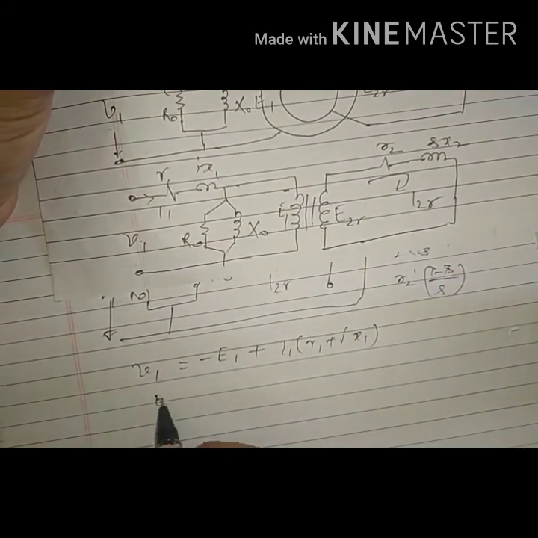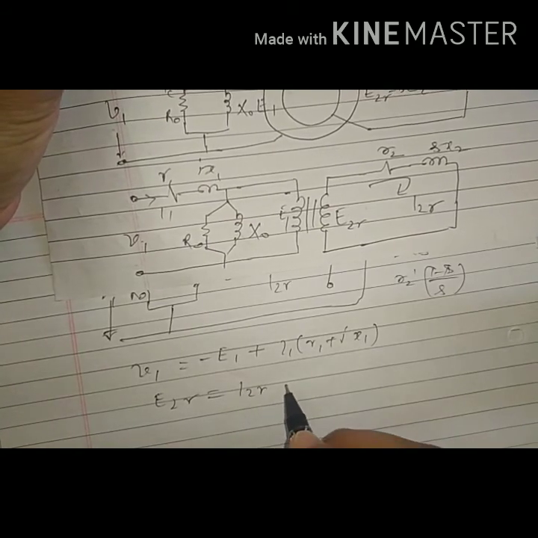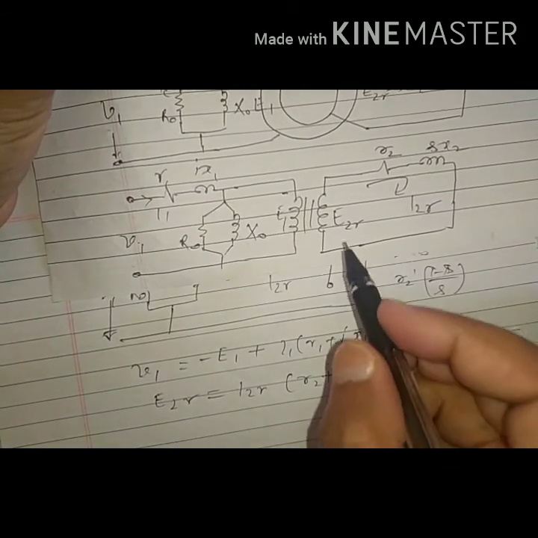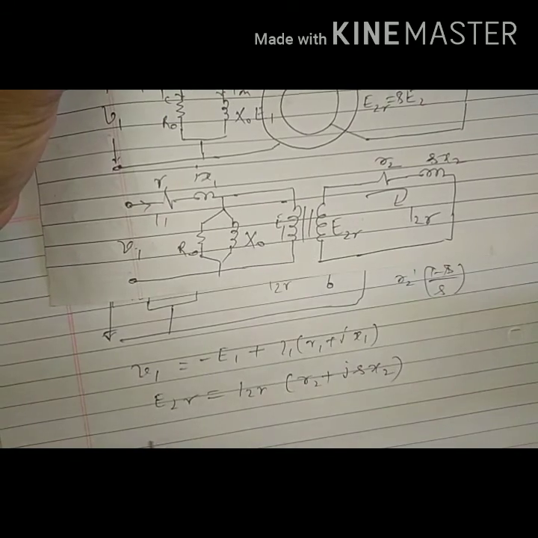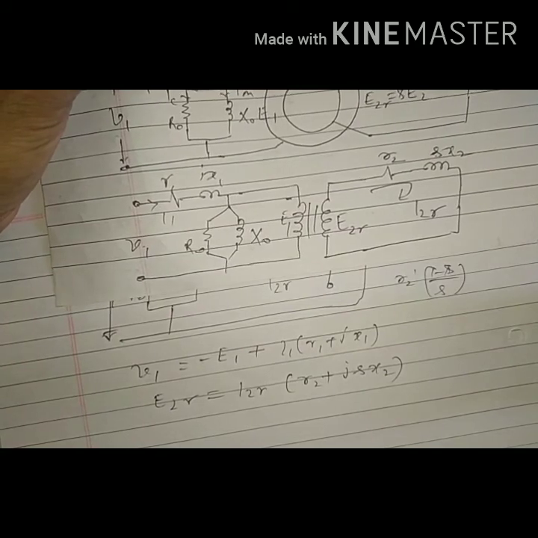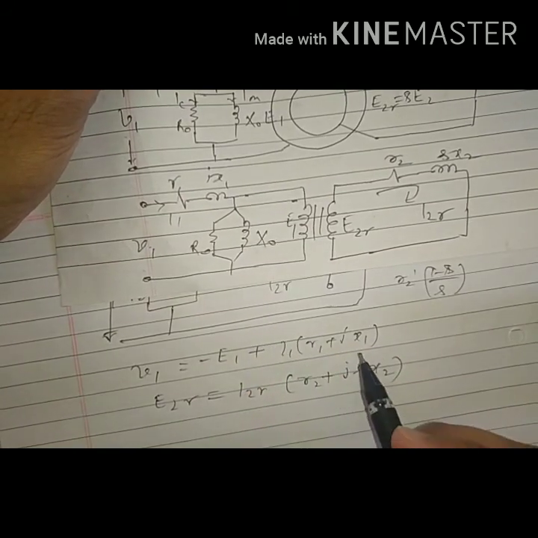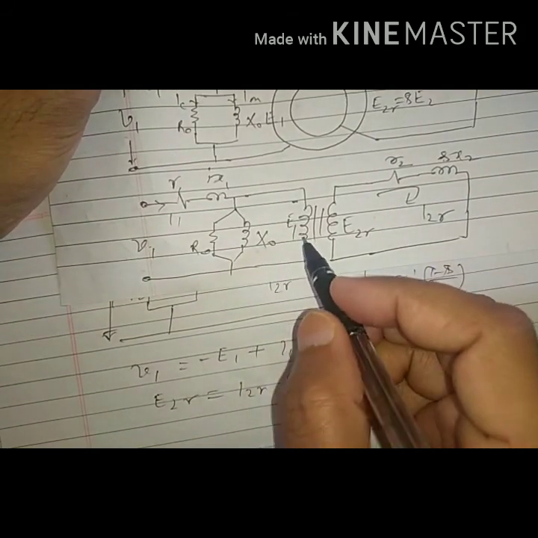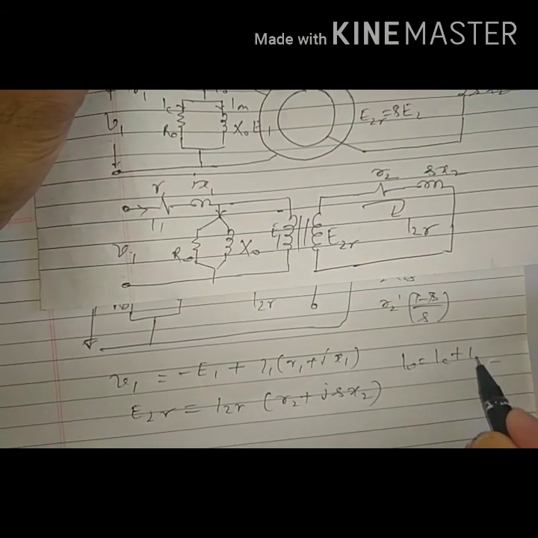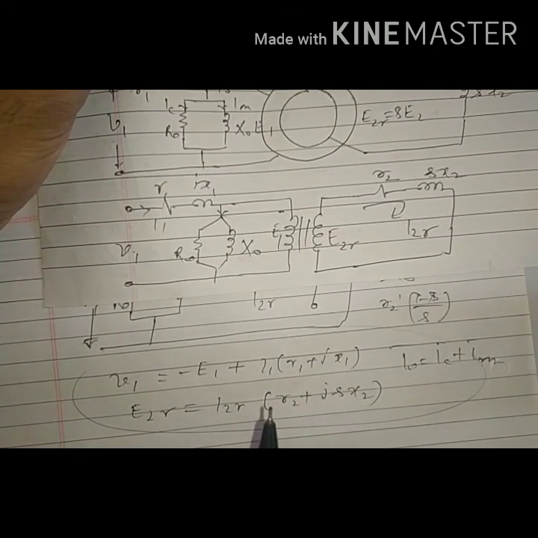And E2R can be written as I2R (R2 plus jSX2) from this circuit. So I can write the EMF equations also. Here we are using Lenz's law to be satisfied indirectly, that is, all induced EMFs are going to support flux, right? We are taking the old convention. And I0, we know, will be IC plus IM. So based on this we can draw the phasor diagram also. We will see it in the next lecture.